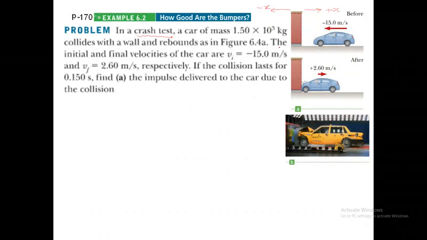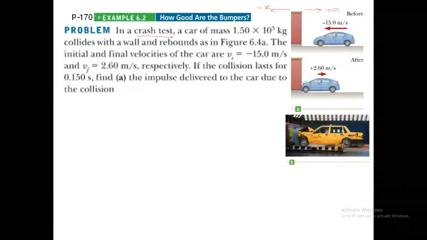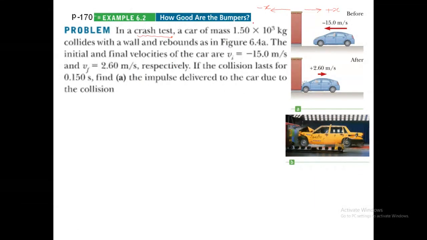Now a car of mass, so the mass of the car is given to you. The car collides with the wall and rebounds. Rebound means it bounces, goes back. After touching this surface, it goes back.